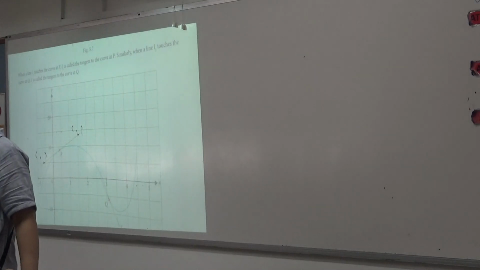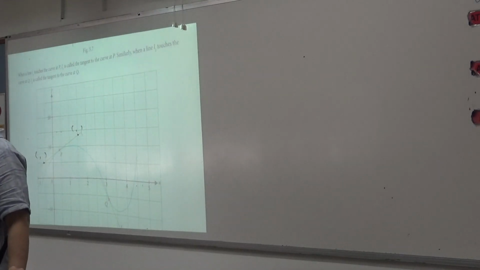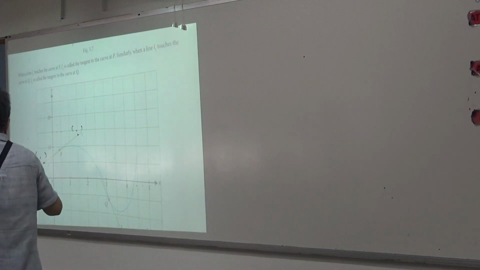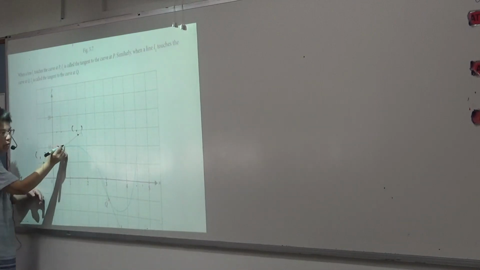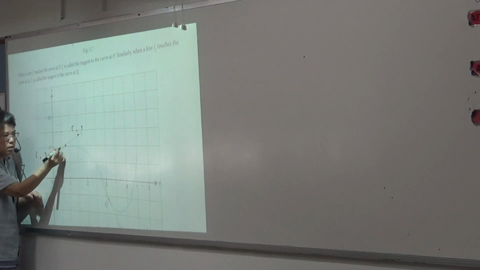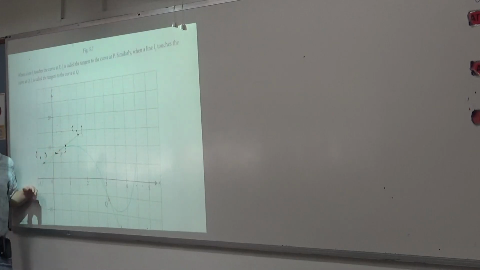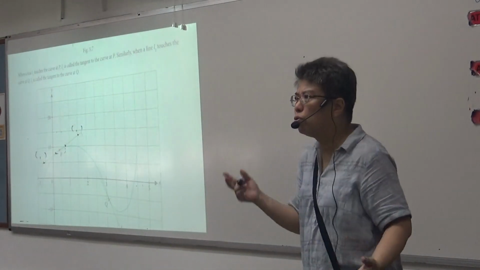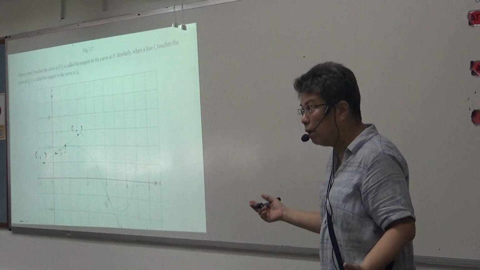Choose those points that are exactly on the corner of a square so that you can read the coordinates. Do you understand? And don't choose very close points like here, a very small triangle. No, choose a wider triangle. You'll be more accurate because you can read better. Understand? Okay?